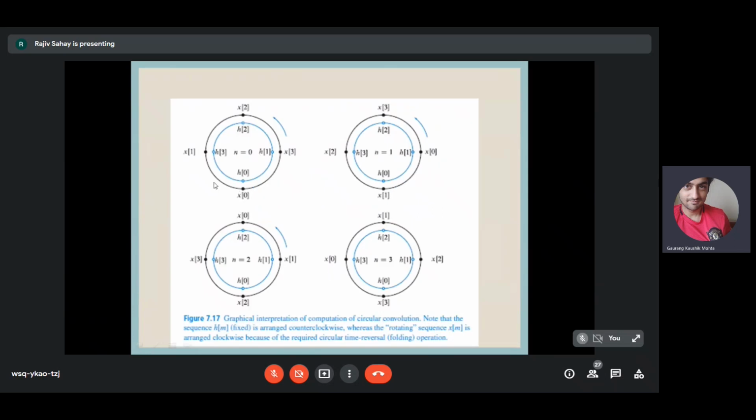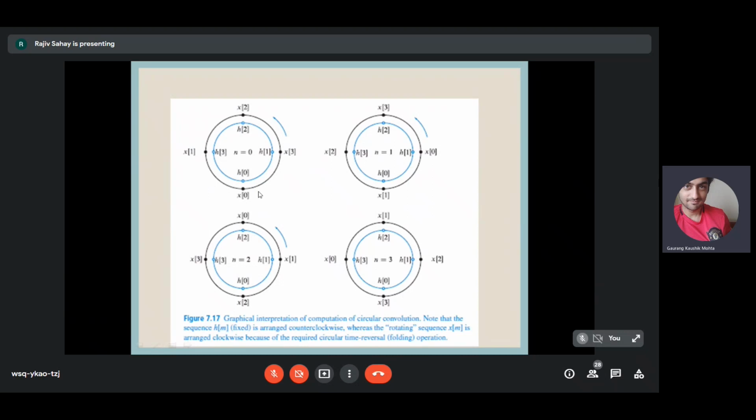This corresponds to the case where you have n equal to 0. So h0 is arranged like this, in counterclockwise fashion: h0, h1, h2, h3. This is the case for n equal to 0. So h0, h1, h2, h3 is arranged in the circular buffer in counterclockwise direction.